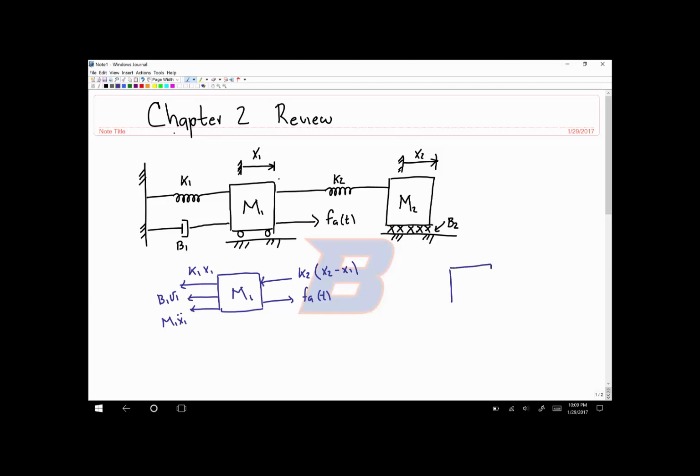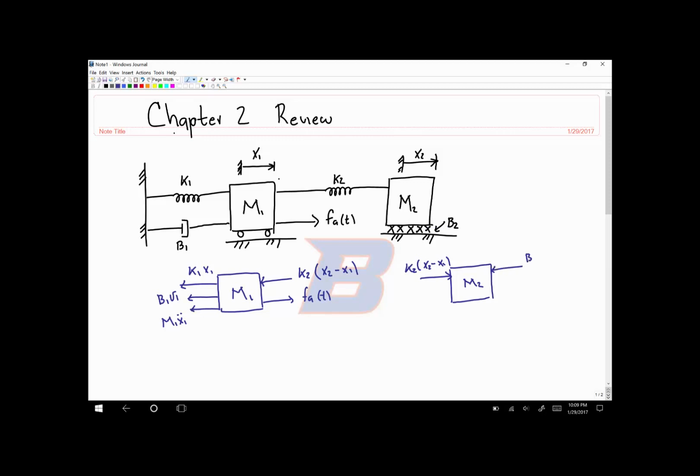For the second one, I'll have a force applied through K2 that's going to try to push M2 to the right. So this one here is going to be equal to K2 times X2 minus X1. You look, it's the same force as the one we drew for M1, but it has the opposite direction. Okay, and then B2, the one right here, is going to oppose that movement.